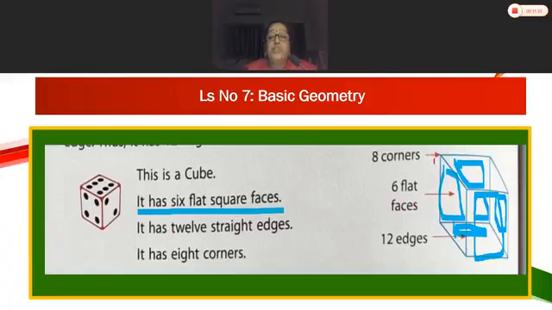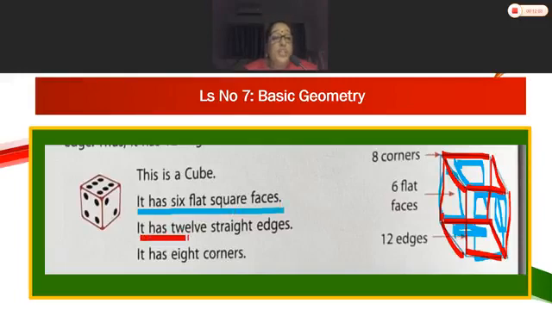There are 12 straight edges. 1, 2, 3, 4, 5, 6, 7, 8, 9, 10, 11 and 12.